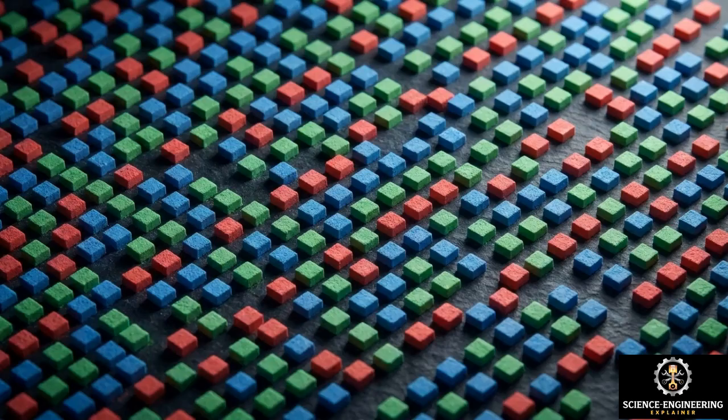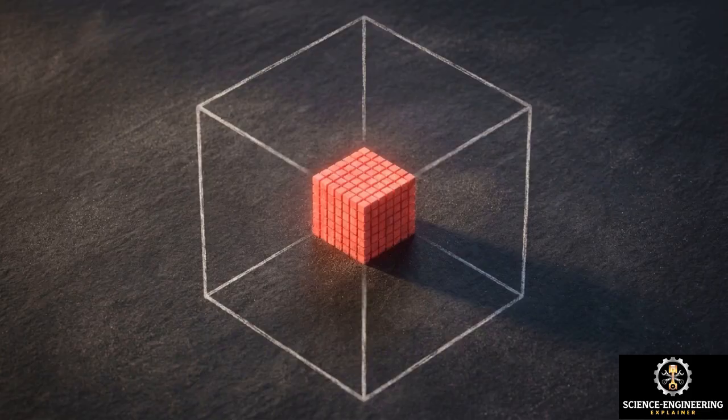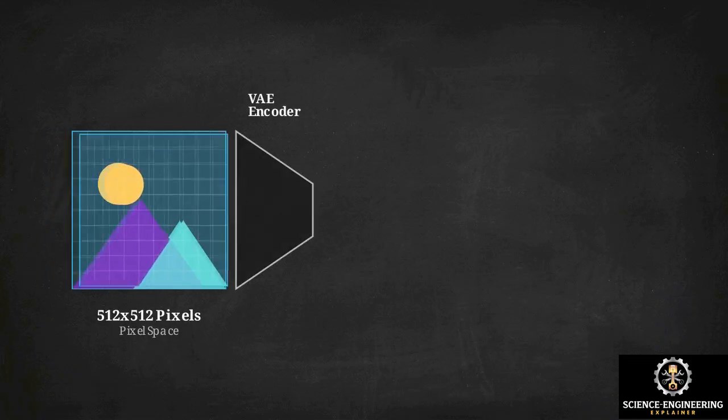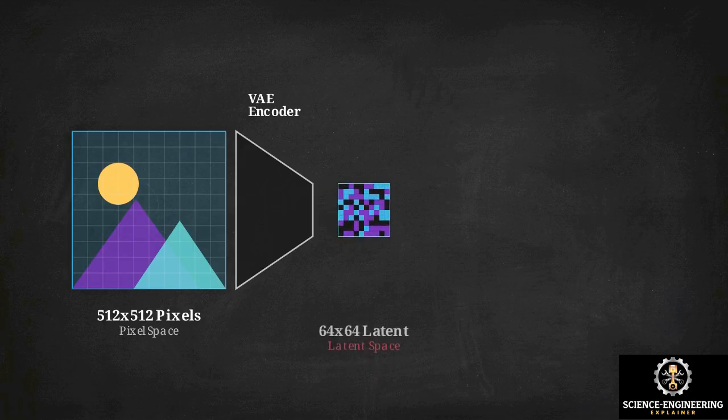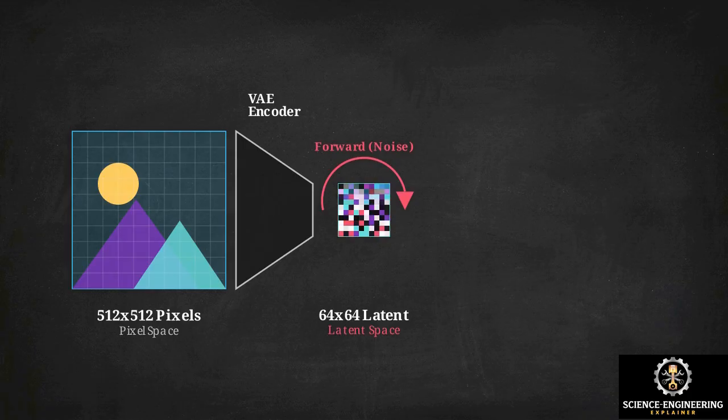While the mathematics are elegant, running hundreds of forward and reverse steps on a high-resolution pixel array requires millions of calculations at every single step. The engineering breakthrough that solved this bottleneck is called Latent Diffusion. A variational autoencoder compresses a large 512 by 512 pixel grid into a dense 64 by 64 representation.